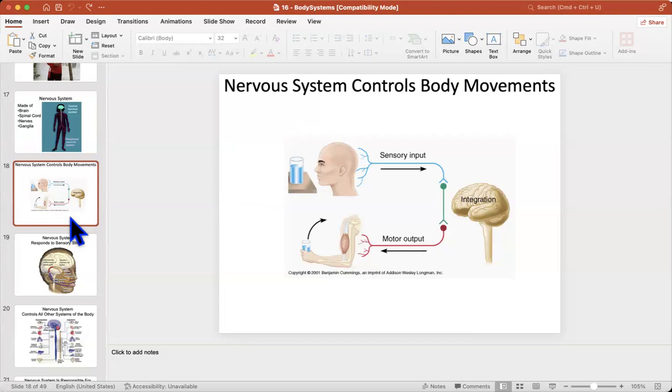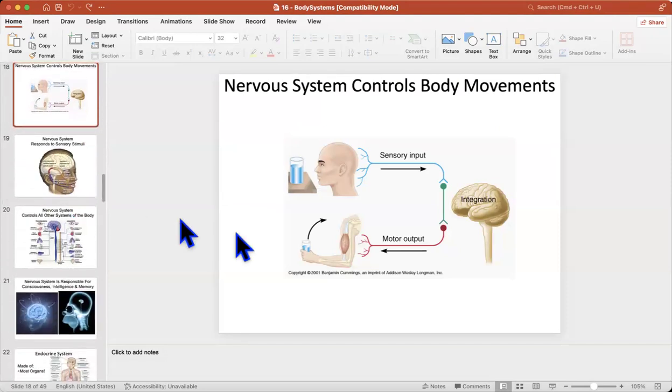And the nervous system is big, it is huge. Once you see food, water, and you decide you want to go grab the food, from that moment on, the sensory neurons will send information in, and you have the integrating neuron in your CNS, in your central nervous system.